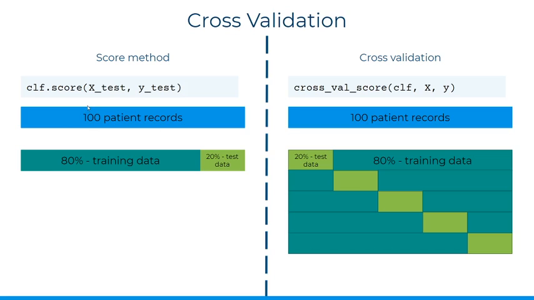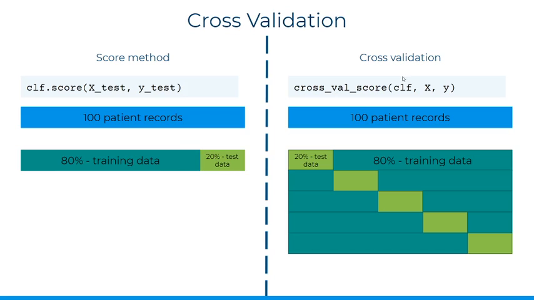Since we split it into X and y, what the score method does is it basically just has 20% test data. So that's our test data and that's our training data. It tries on one bit and then it'll just get a specific score.